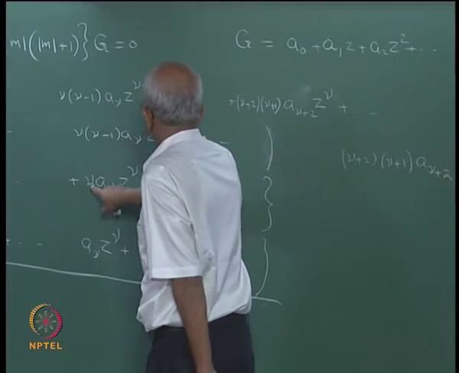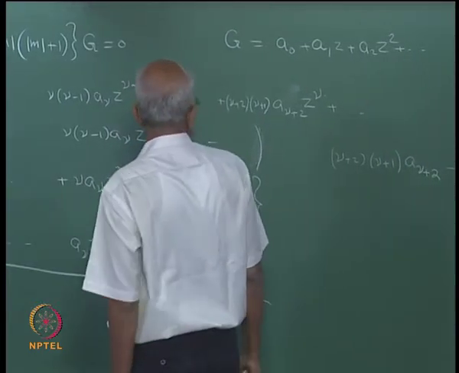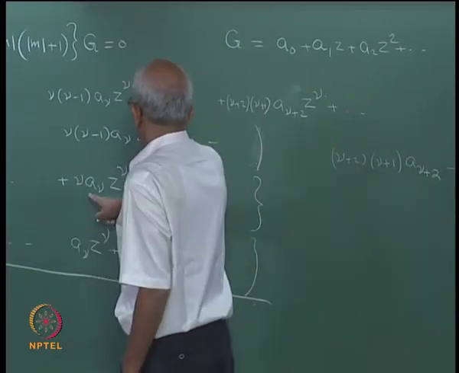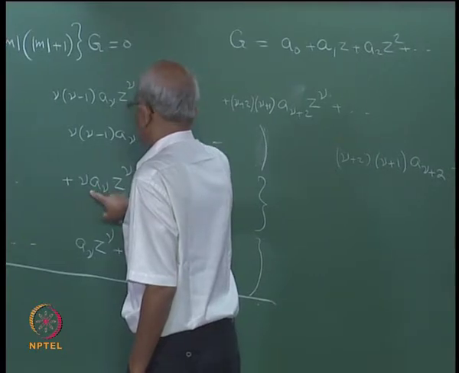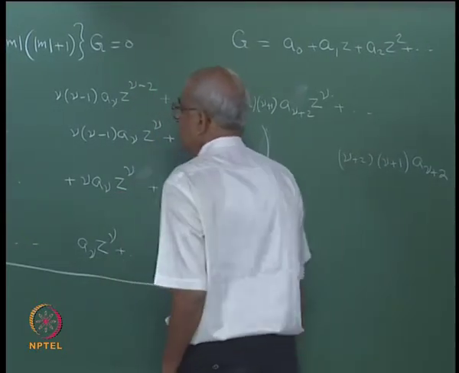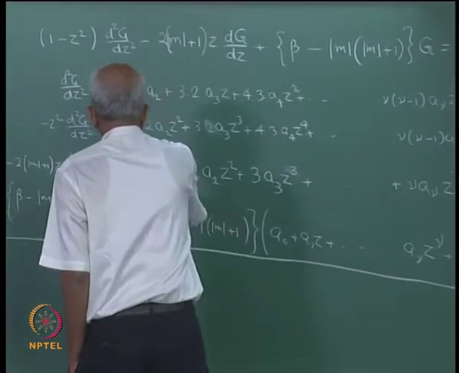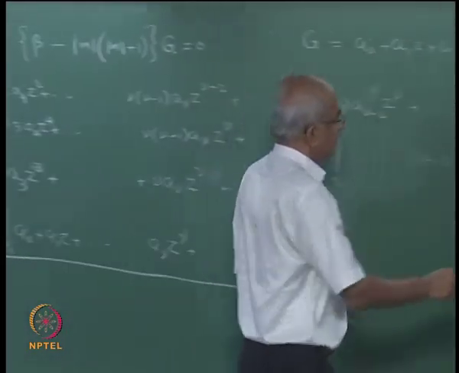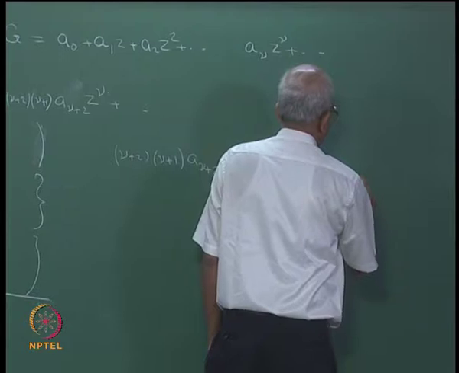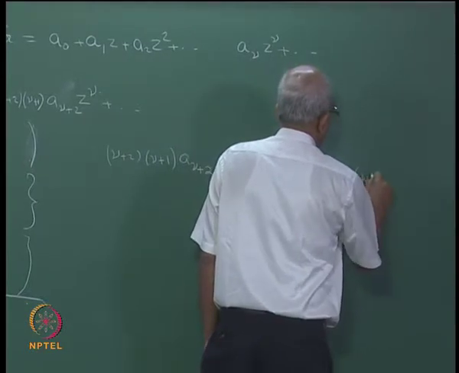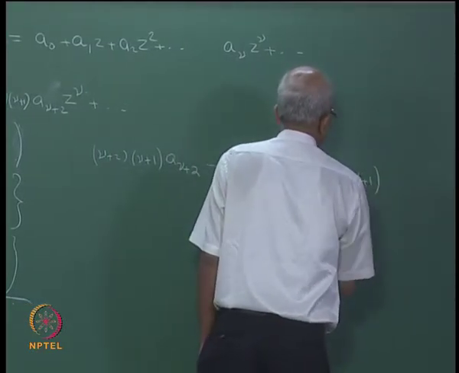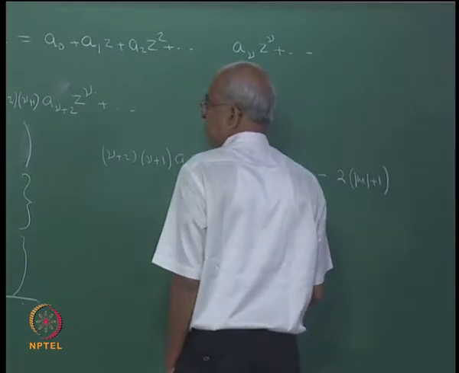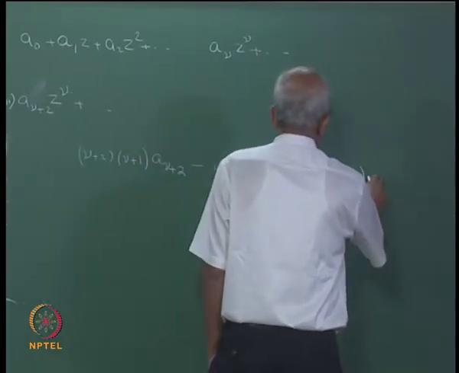I will get minus 2 (magnitude of m plus 1) nu into A nu.